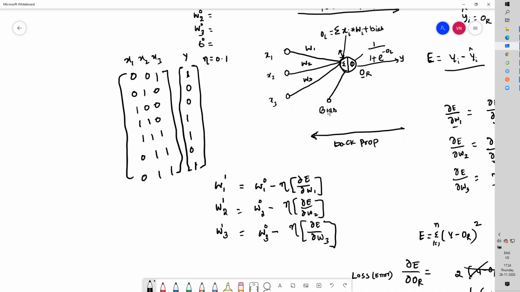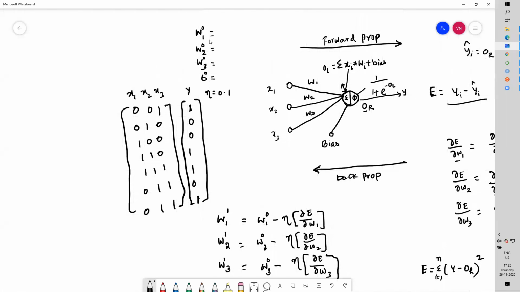And we are adding a bias term, B. We will also randomly initiate the bias term. So we will be initiating 3 weights and randomly initiating the bias term, B. Then in the forward computation, what will we do? We will multiply this matrix with x1, x2, x3 by the weights W1, W2, and W3.